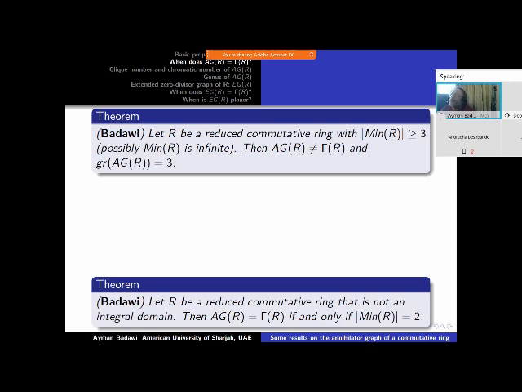Remember, in a finite commutative ring, every prime is maximal. Of course, this is not true if the ring is infinite. There are many examples.